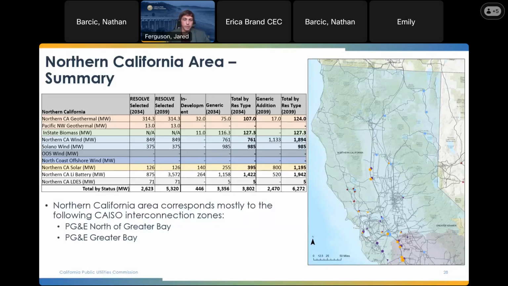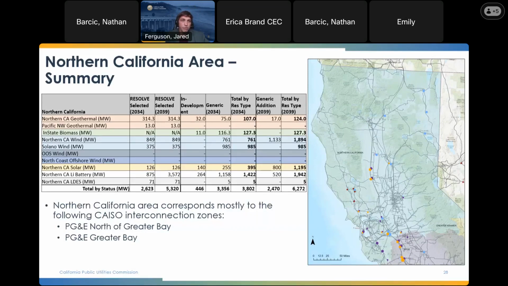So this is showing the resources by region. We have the Northern California region here, and I won't go into details about what has been mapped to this area, just showing the totals in development and generic in both 2034 and 2039, as well as showing what the RESOLVE portfolio had.